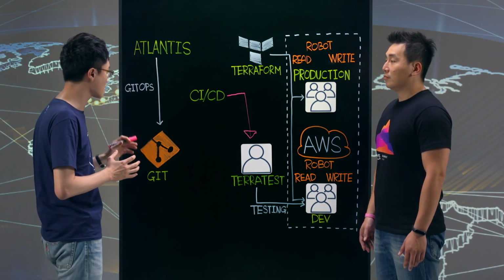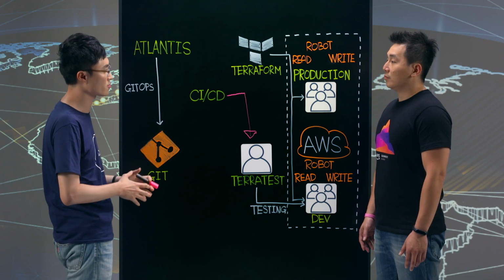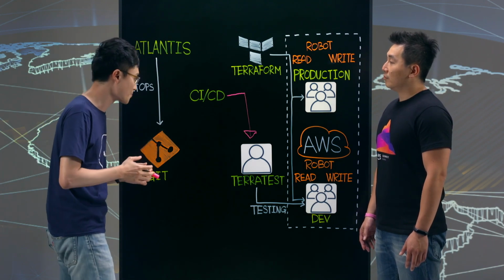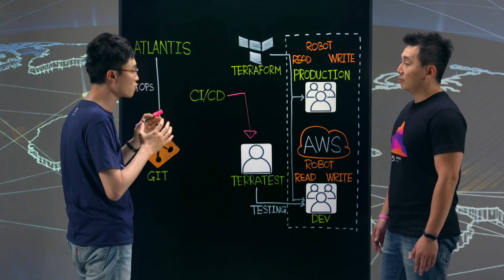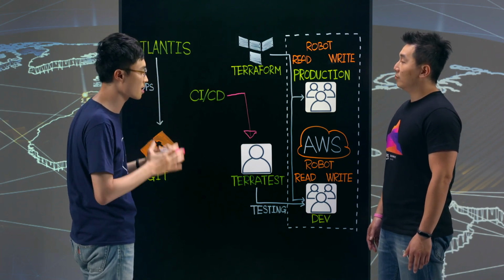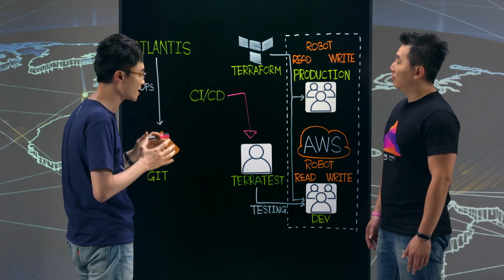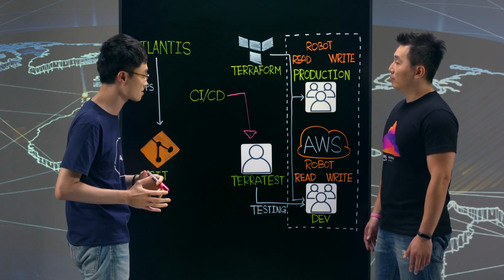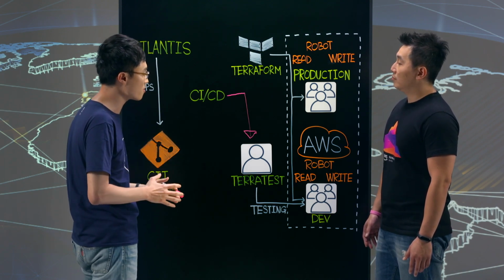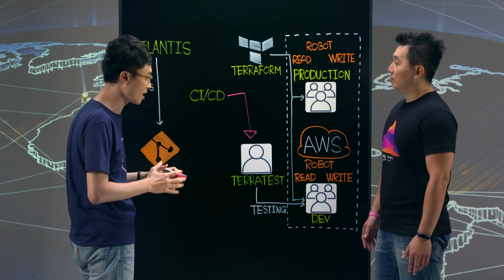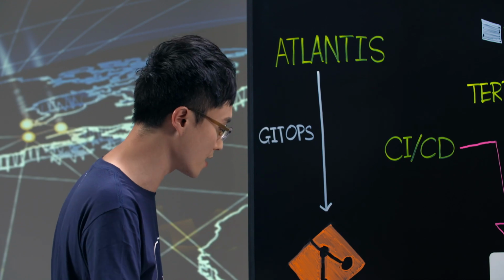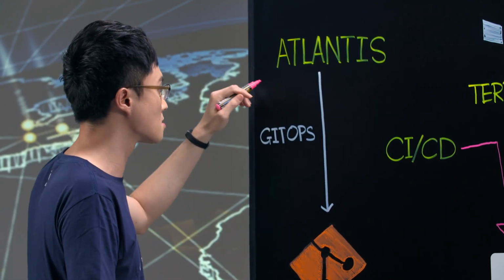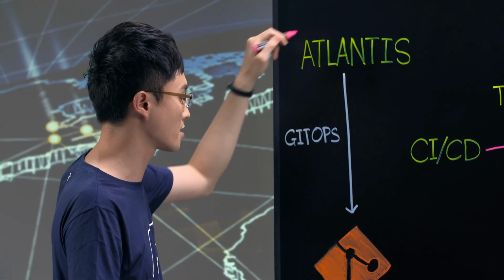So we adopt the GitOps flow for our Terraform development flow. Let me show you. Terraform can make sure only one person can change the same cloud resource at one time, but it cannot avoid many people changing the same code and not knowing what will happen when the code changes. Hence, we adopt the GitOps tool called Atlantis.